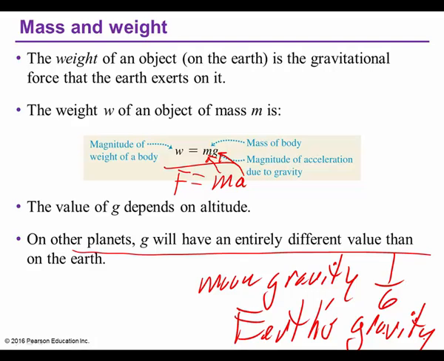So if it's 9.8 on Earth, what is it on the moon? It's 9.8 times 1/6, or divided by 6. What do you get? 1.63.